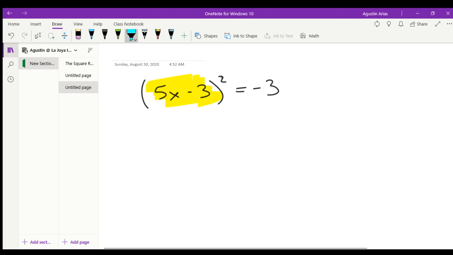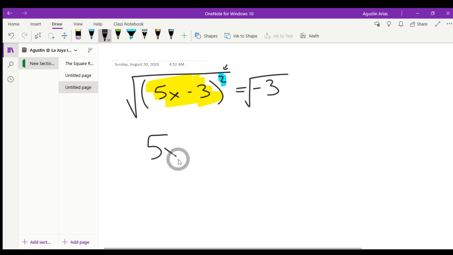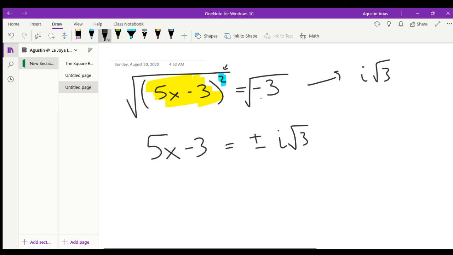In order to get rid of this square, I need to take the square root of both sides. On the left side, it's just going to be 5x minus 3 equals plus or minus. I got this negative 3, so I can get ahead of the game and say this is going to be i square root of 3. So i square root of 3. That negative's gone.